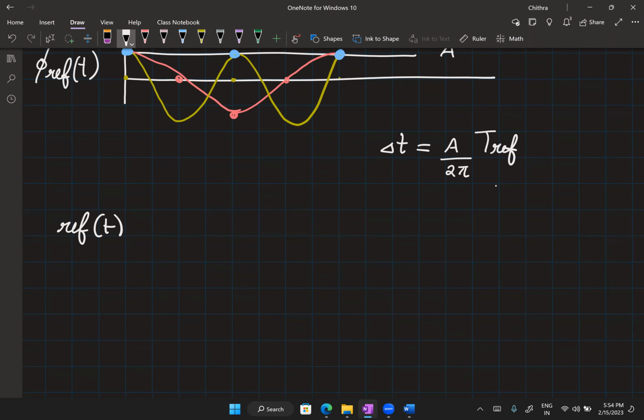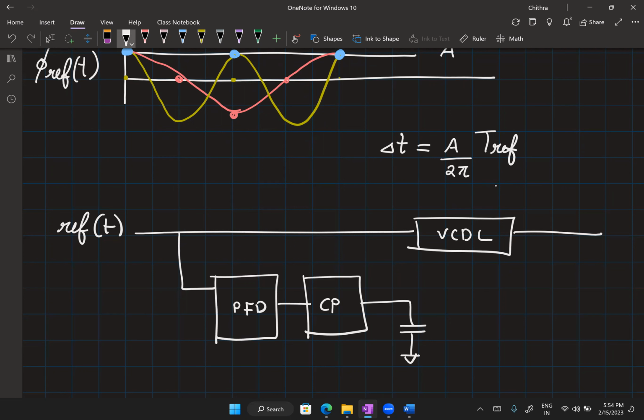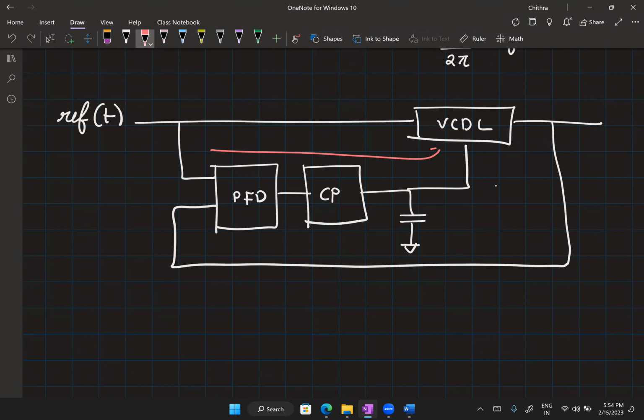We have ref of t. Can this loop detect any difference between the 4 cases that we discussed? So we have a small signal phi ref of t here, and we are looking at different frequencies for it. One is it's DC, then omega ref, 2 omega ref, 4 omega ref.